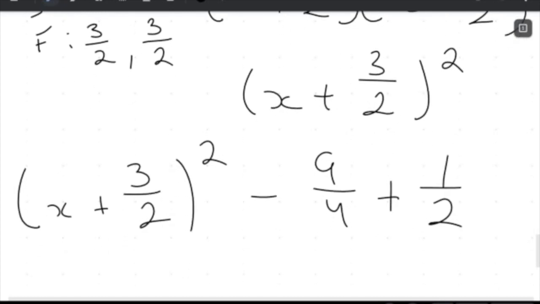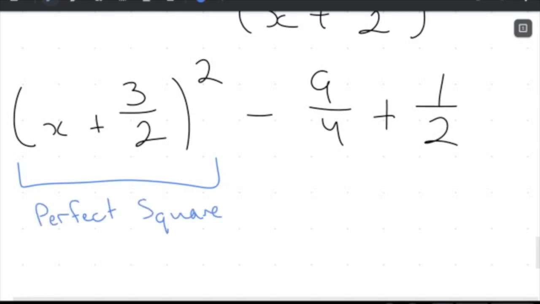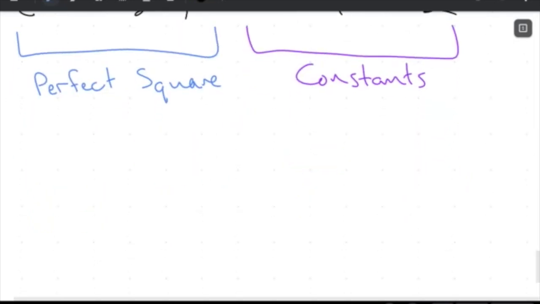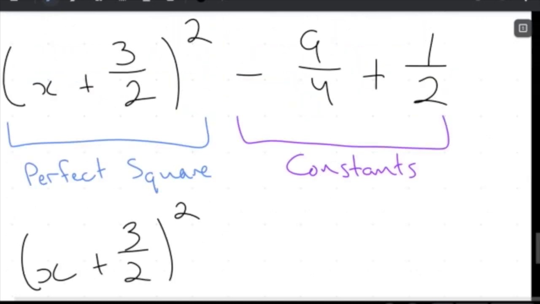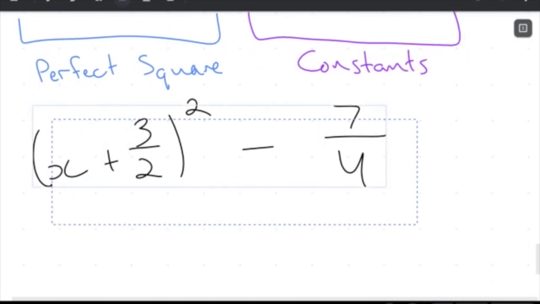And now doing this, these two, I have once again my perfect square, and I have my constants here. Okay, so my perfect square stays the same. And then this gives me negative 7 on 4.